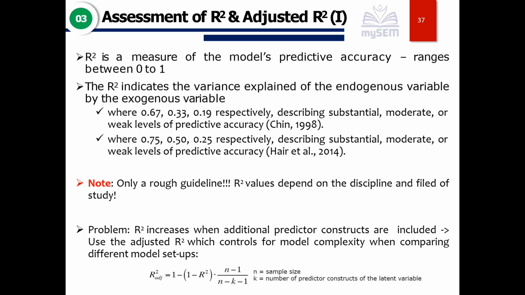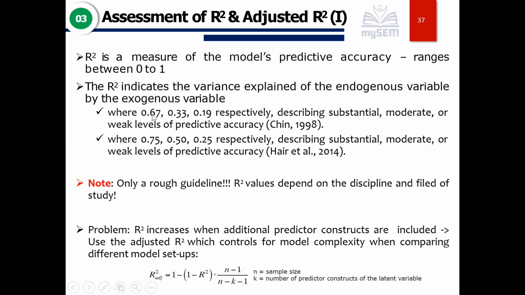I already told you when you can say that the explanatory power of the model is substantial, moderate, or weak. I think it was not in my first slide, but I discussed it at that time.